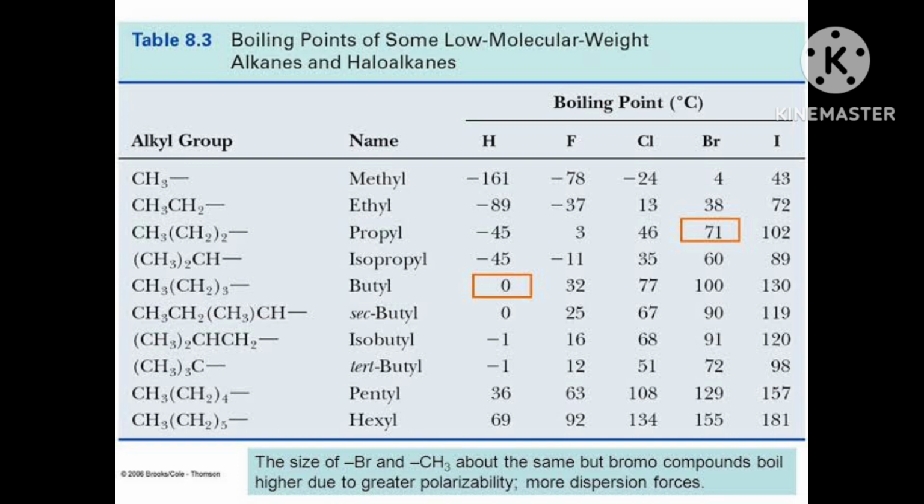And in SN2, SN1 means first order, and that reaction will take place in two steps. And the reverse of this is SN2. In SN2, as I already told you, 2 means second order.